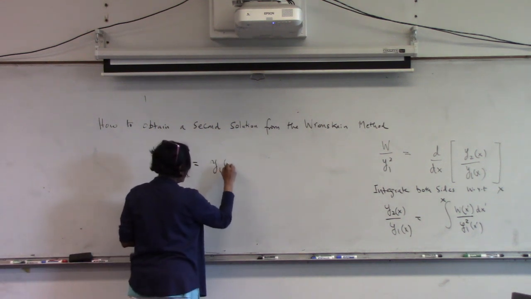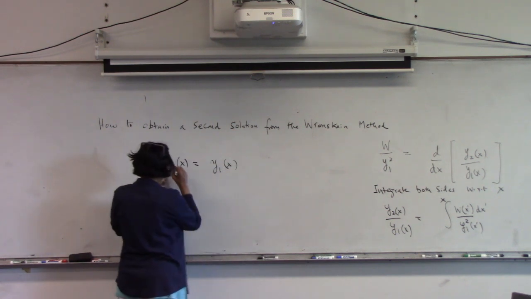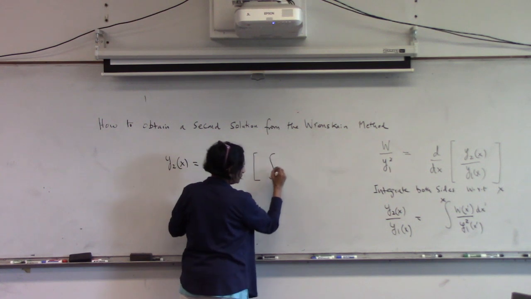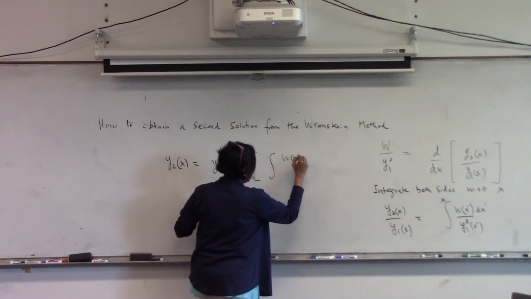What this says is that the second solution, if you knew the first solution, you could get it through this expression if you knew how to calculate the Wronskian.